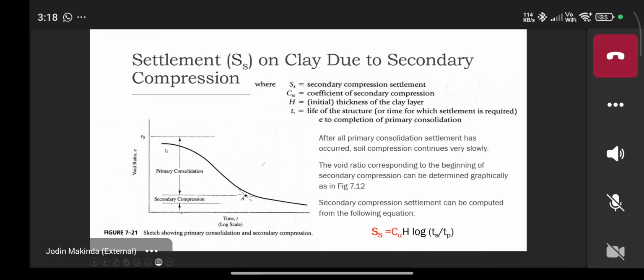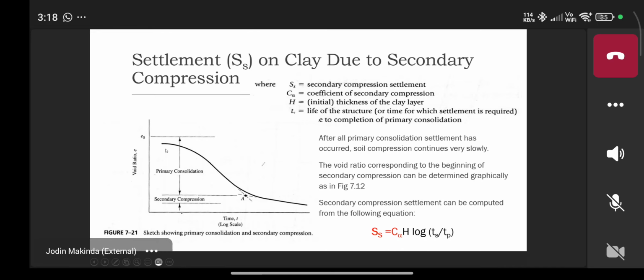The settlement from the secondary compression is Ss. Now, in order for us to calculate the secondary settlement, we have a coefficient called the coefficient of secondary compression, which is C alpha.